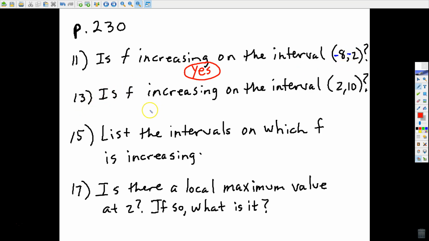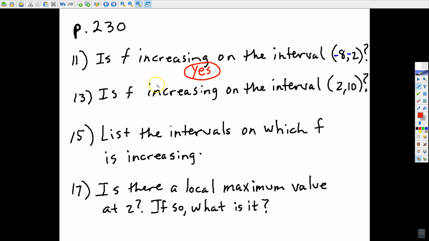Okay, using that same line of thinking, let's look at number 13. Is the function increasing on the interval from x is 2 to x is 10? Again, you can't think of this as the ordered pair (2, 10). Let's think, for example, from the point (2, 10), and then look to the right where x is 10.